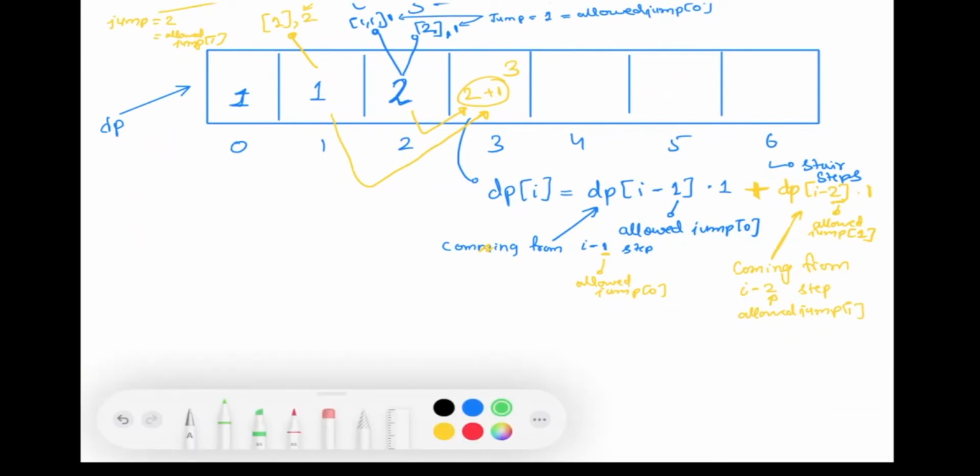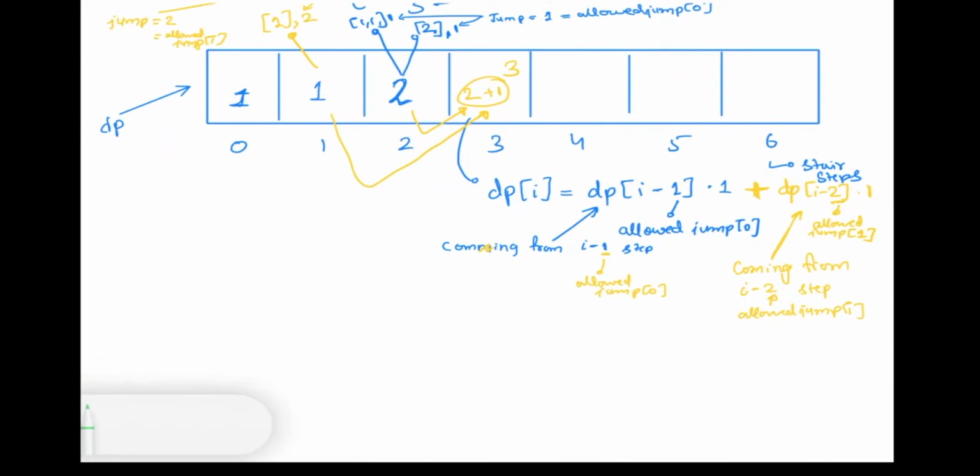So if I were to now formulate a formula, in a standard way it would look something like this. I'll do nothing but rewrite this in a more standard way, that is, for allowed jumps in the allowed jump array. So we are iterating in the allowed jump array.